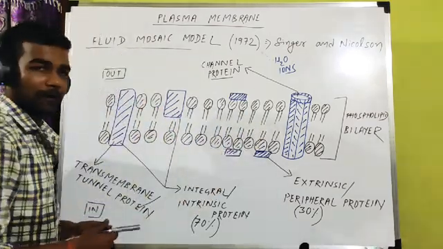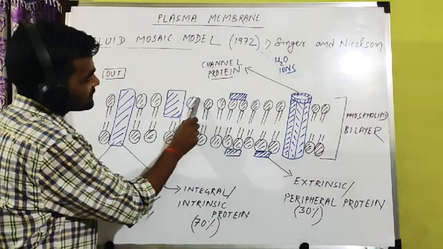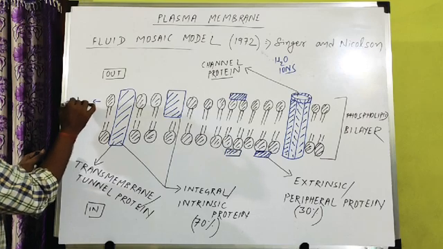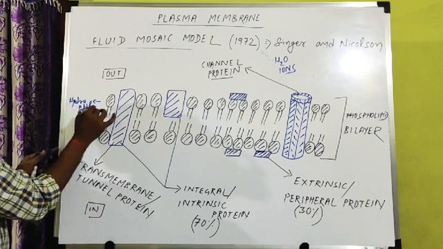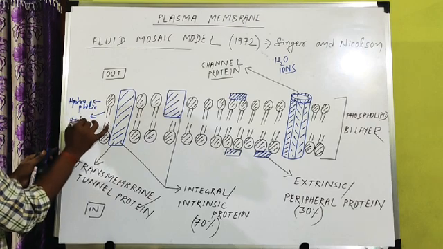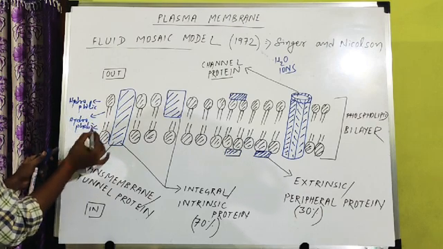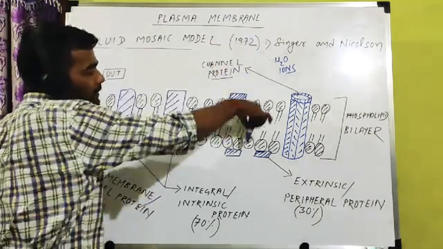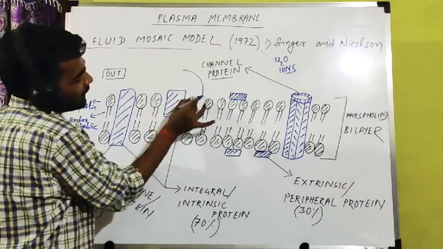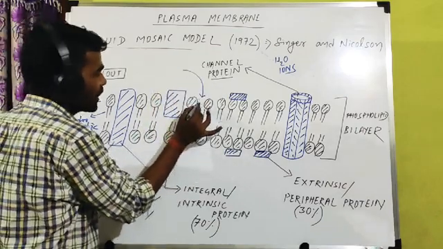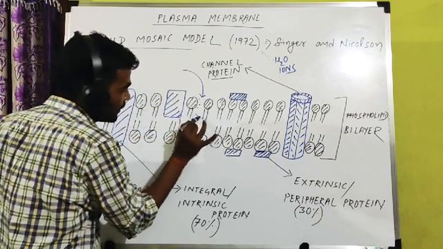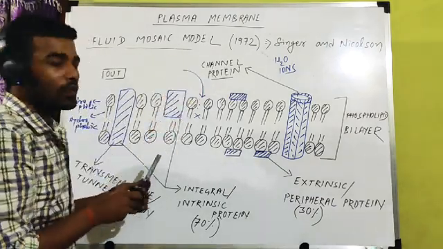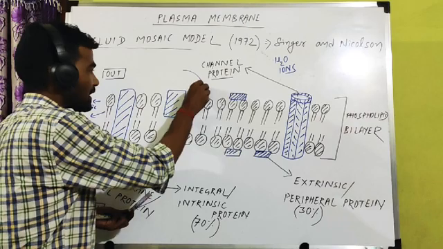This is the phospholipid bilayer, and in the lipid, the head is hydrophilic, already discussed. But the tail part is hydrophobic. It hates water. So when water tries to enter from outside to inside, the head will not give any resistance, but the tail will not allow it to cross the membrane.